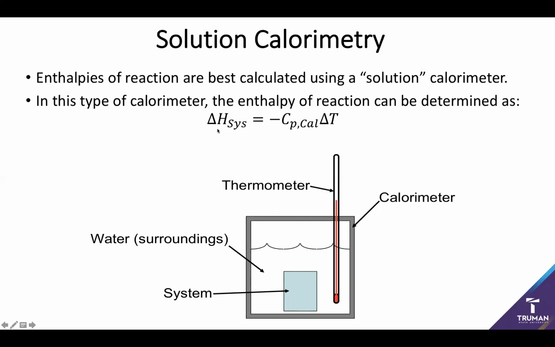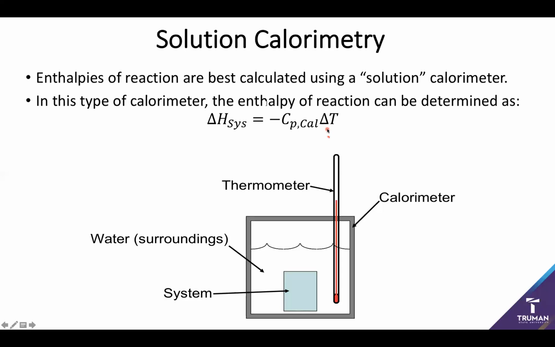So then I can go ahead and relate the change in enthalpy of my system to the change in enthalpy of my surroundings. Due to the first law, these two should be the negative of each other. And then I can substitute in for the enthalpy of my surroundings, the heat capacity of my calorimeter times the change in temperature.